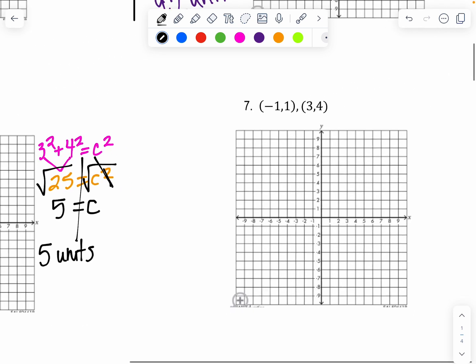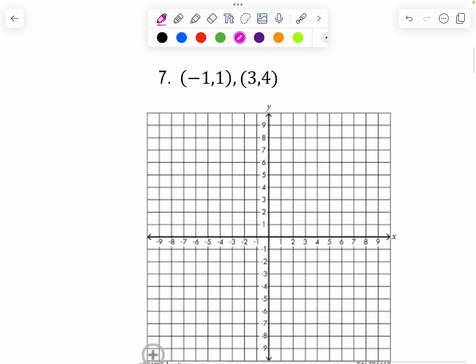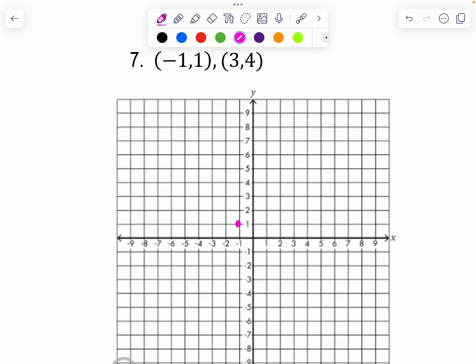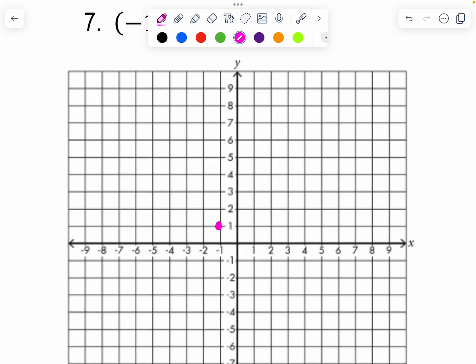All right, last one of this type. -1, +1, put a dot. 3, 4, +3, +4, put a dot.